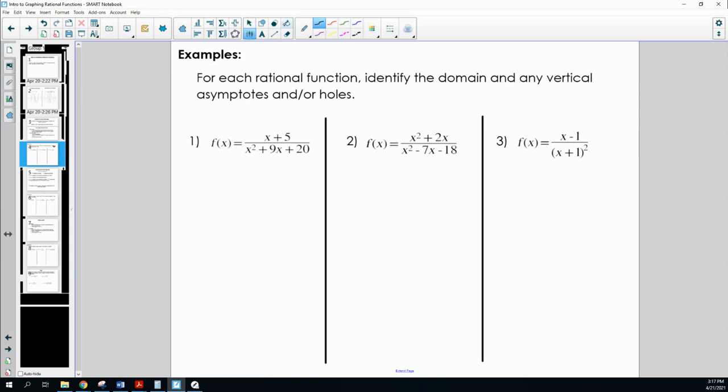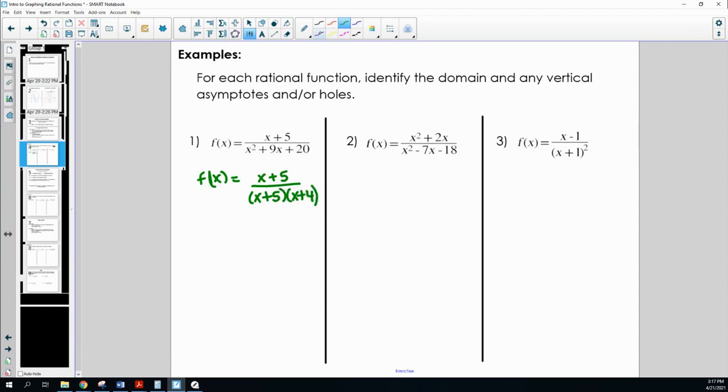So the first thing that we're going to do is just like we normally would, I want to factor anything that I can. So in number 1, we're going to factor. So x plus 5, we can't factor. We're going to leave that as is. X squared plus 9x plus 20, we'll factor that to be x plus 5 and x plus 4.